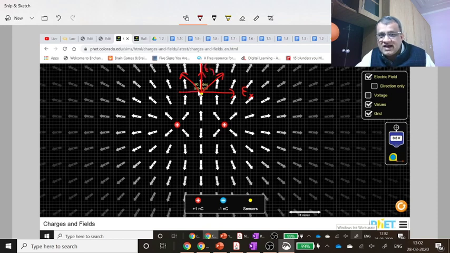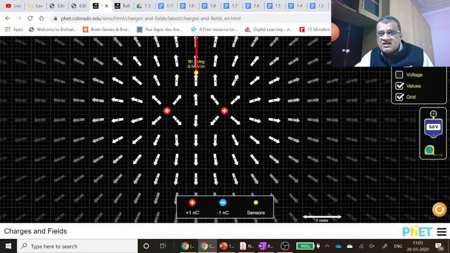Likewise, this one will have an x component and a y component. Now this one and this one cancel out each other. And these two components add up. And so the net electric field is in that direction, which you see in this simulation.